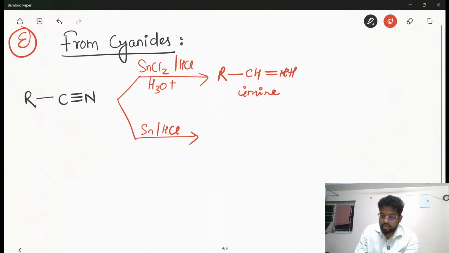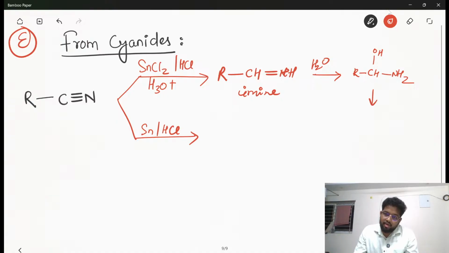Now next one, what would be the next product after this? Now here I will react with water molecule, addition of water molecule. So what will happen if 1 mole of water molecule is added? Now we would be getting RCHOH and NH2.